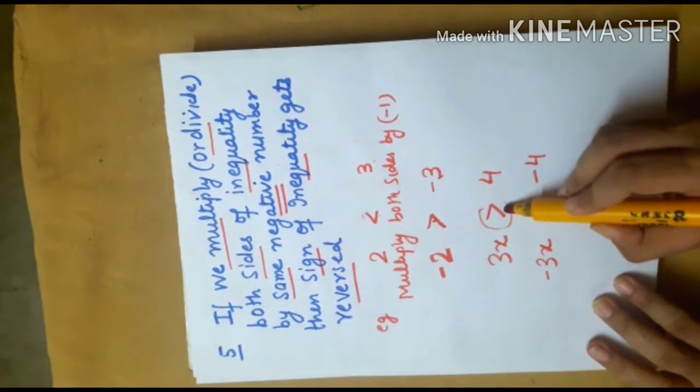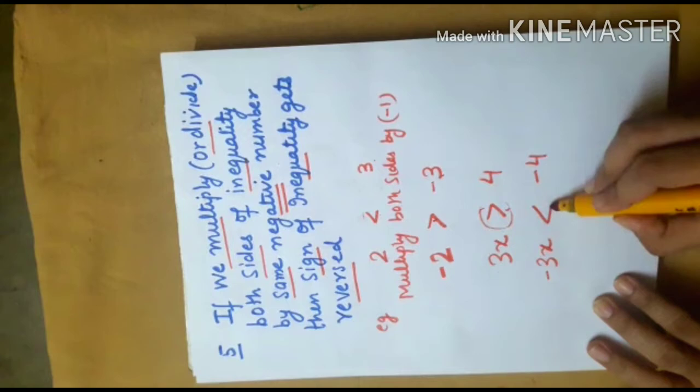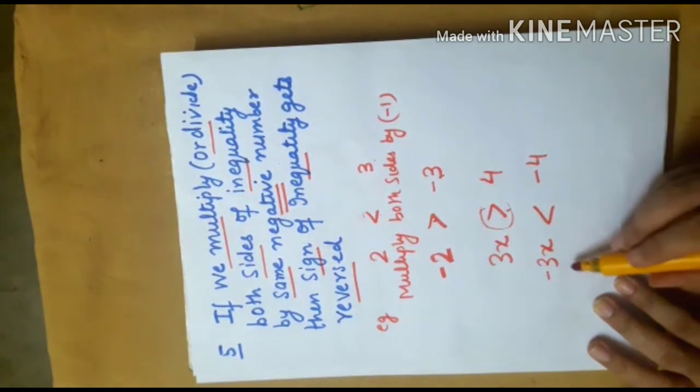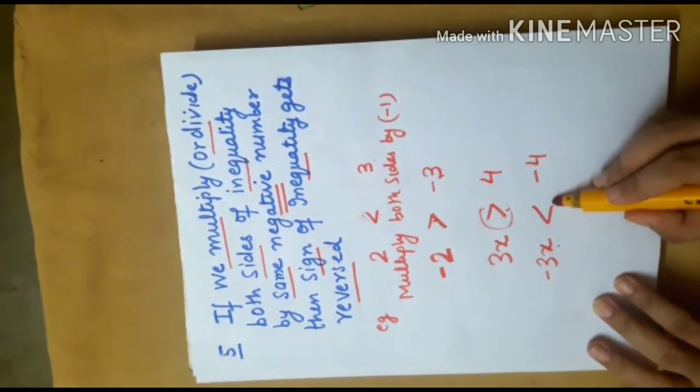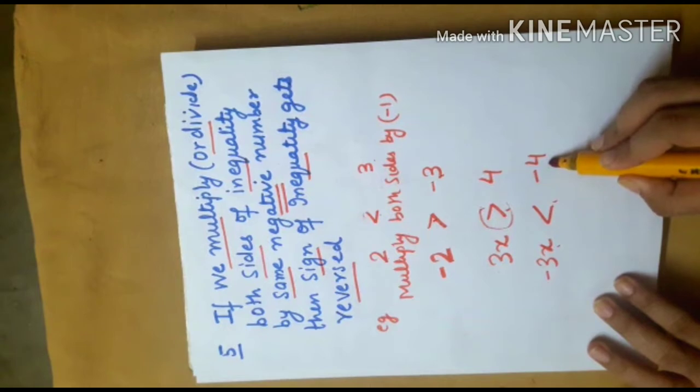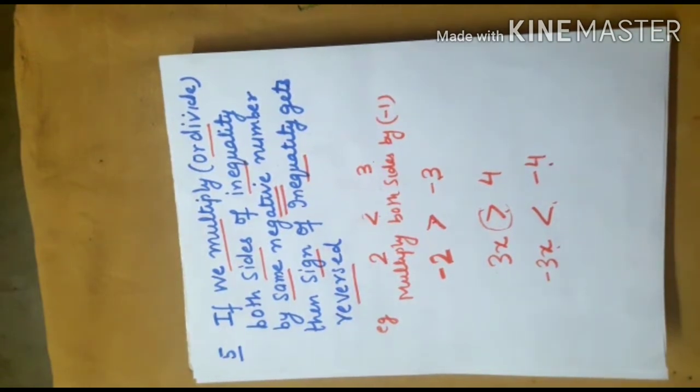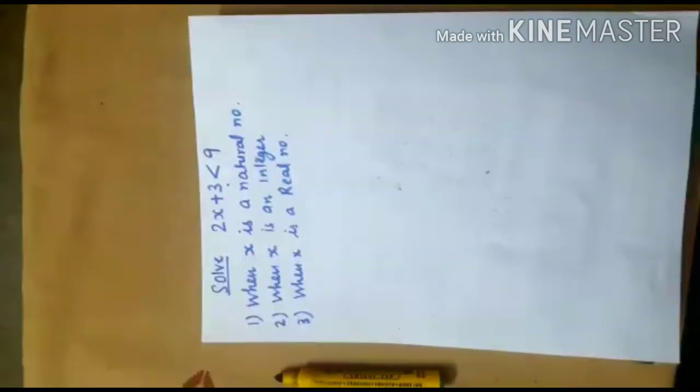So this sign of inequality will get reversed. It will become this. So minus 3x will be less than minus 4. Right? And the same holds for division. If I divide both sides of an inequality by the same negative number, then also the sign of inequality gets reversed.